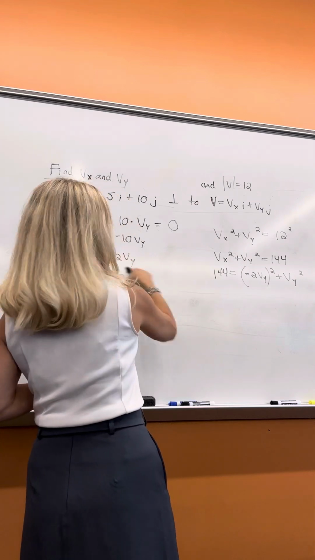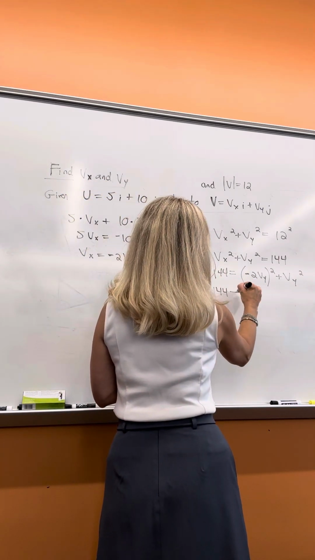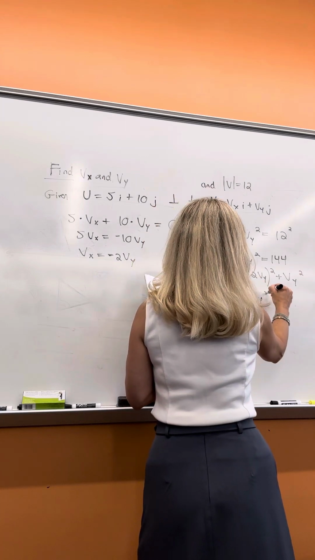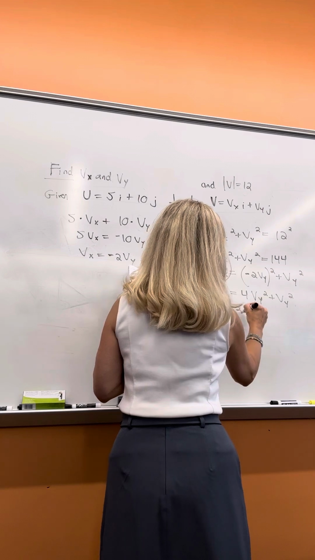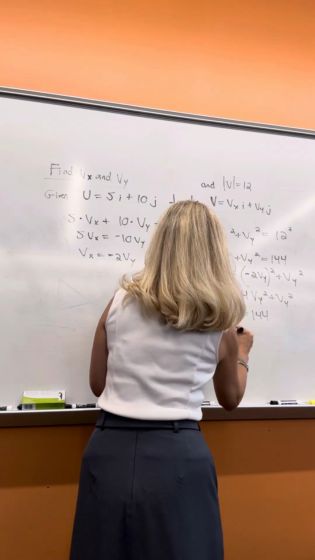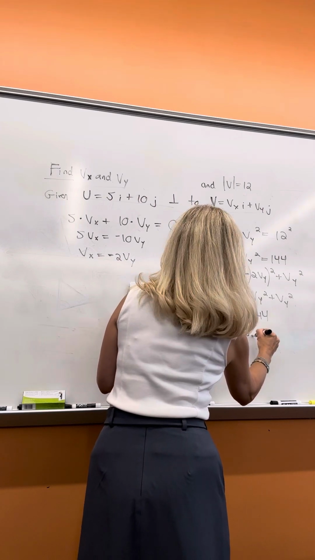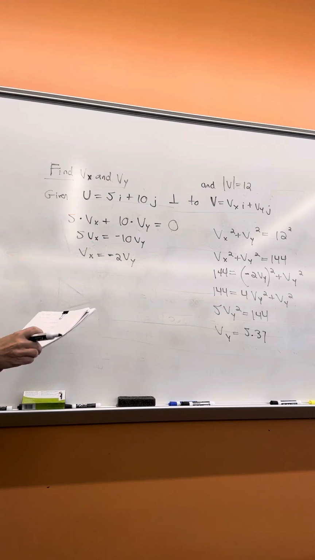I'm just going to plug in here the Vx. And we get 4Vy squared plus Vy squared. So we get 5Vy squared equals 144, and then we can solve for Vy. And it turns out to 5.37. Divide the 144 by 5, and then take the square root.